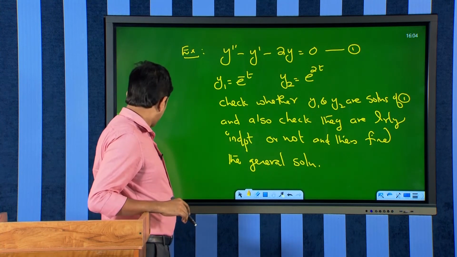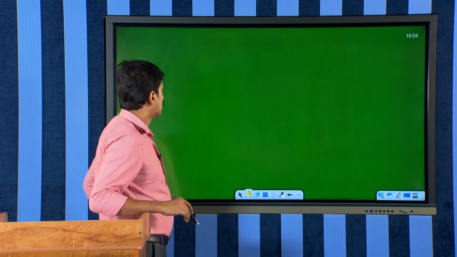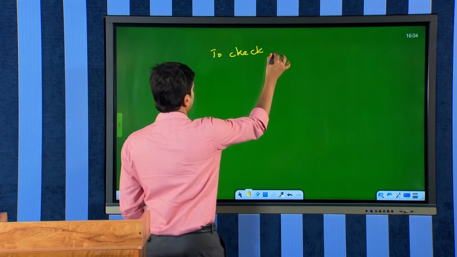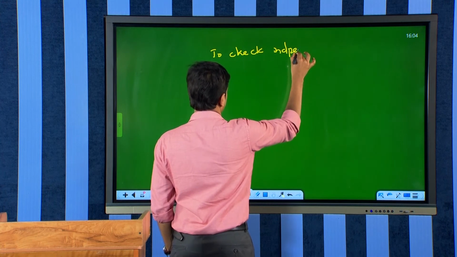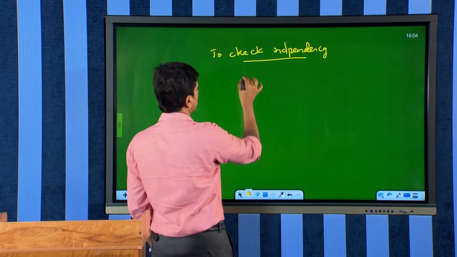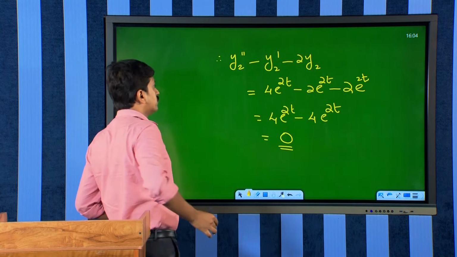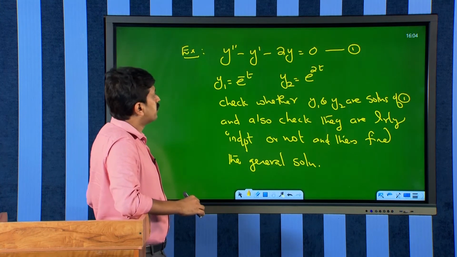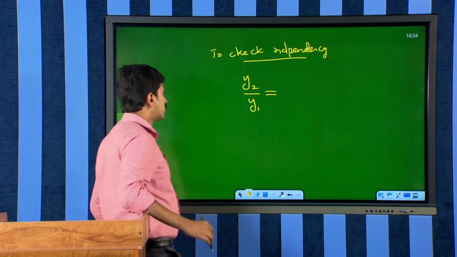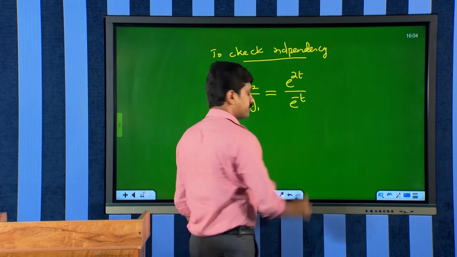See, to check independency of the functions, y2 divided by y1 is equal to e raised to 2t divided by e raised to minus t.